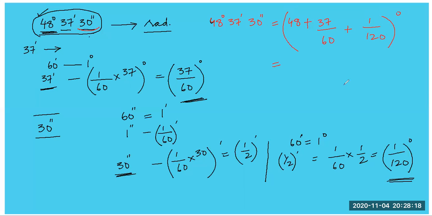So students, take 120 as the LCM. So this will become, you please do this. This plus this will be 37 into 2 plus 1. So here it will be 48 into 120. Am I right?